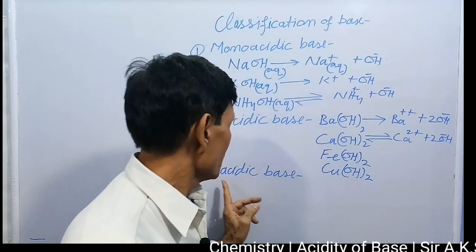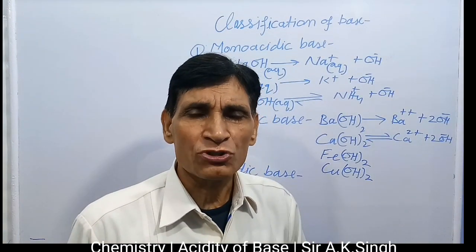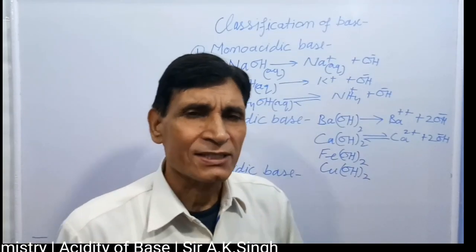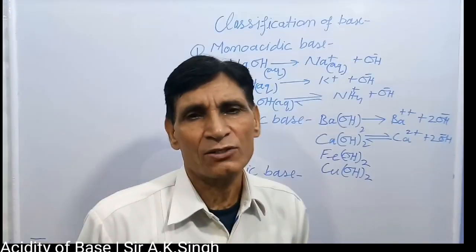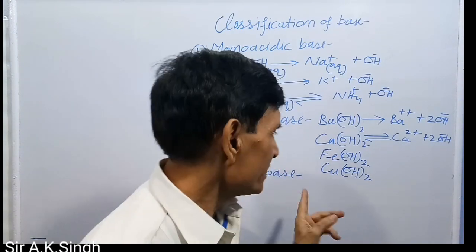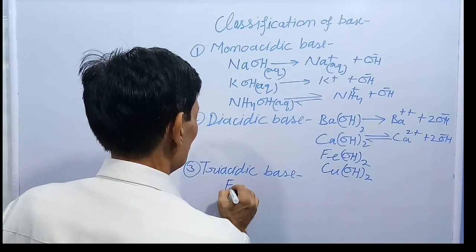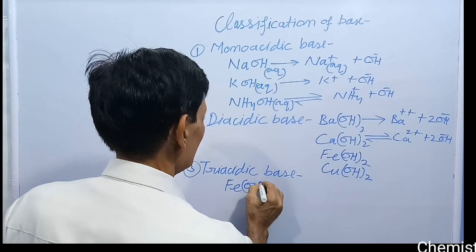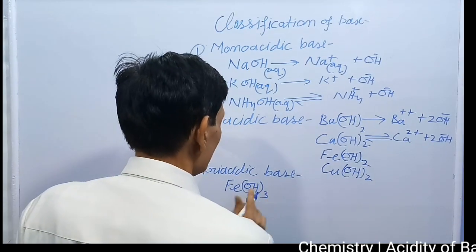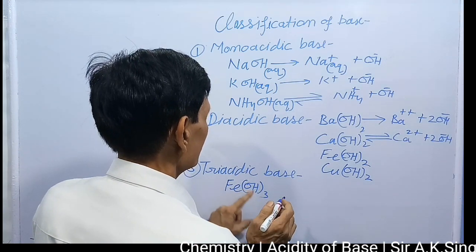Or you can say, if the number of hydrogen ions or hydronium ions of an acid required for complete reaction or complete neutralization of one molecule of a base is 3, then the base is a triacidic base. Now see the example, like Fe(OH)3, which is not soluble in water. It will not produce OH minus ions in aqueous solution, but it has 3 replaceable hydroxyl ions, hence this is a triacidic base.